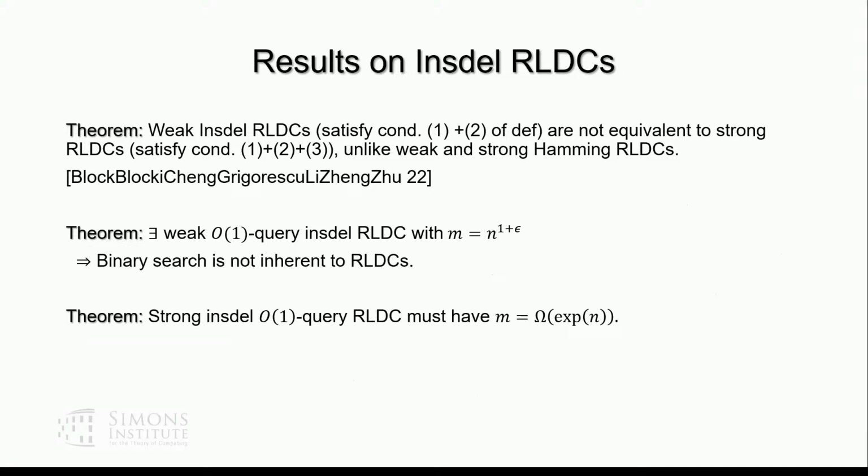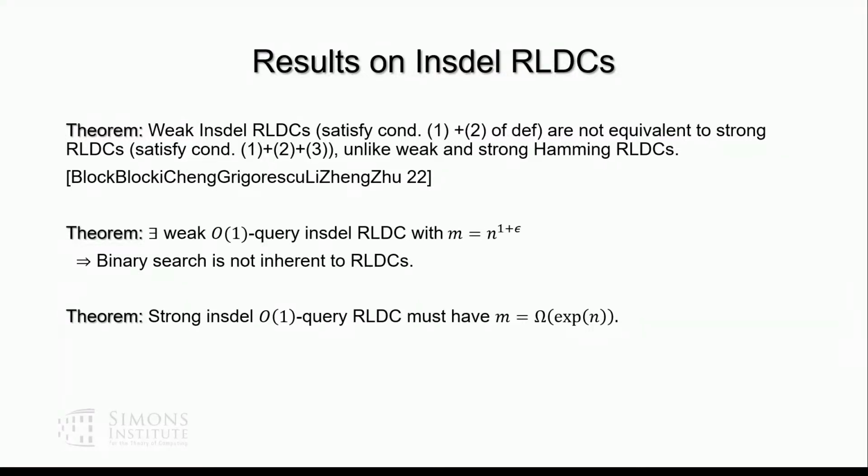Some of these results can be extended to the case of relaxed locally decodable codes, right? I just mentioned that for relaxed locally decodable codes, you actually can get a dramatic drop in the code word length for constant query, because you're allowed to answer bot sometimes. It turns out that those two notions, weak versus strong RLDC, are not actually equivalent for insertion and deletion codes.